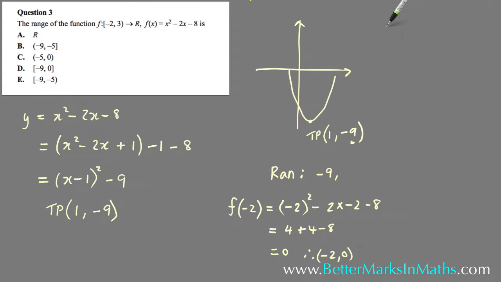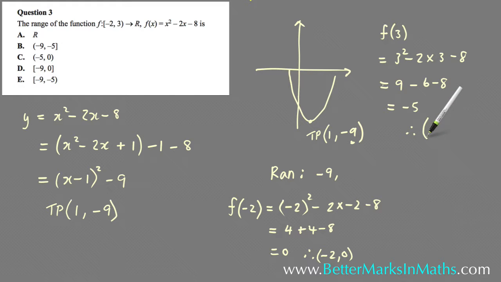And then f of 3, so the other value, so even though it's not included, you still need to sub it in to figure out what that endpoint is. So again, 3 squared minus 2 times 3 minus 8, and 3 squared is 9 minus 6 and minus 8. All of that equals -5. Therefore, that endpoint is going to be 3 comma -5.